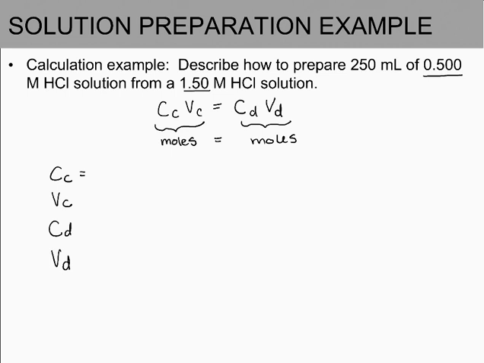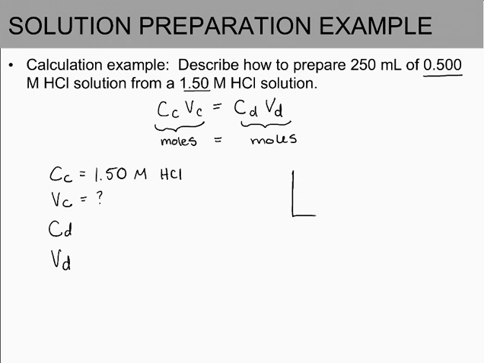So that's the concentration of our original solution. And then we're trying to figure out how to prepare the more dilute solution. So we weren't really given a volume for the concentrated solution, or we don't know how much of that original solution we're going to use just yet. So that's what we're trying to solve for.